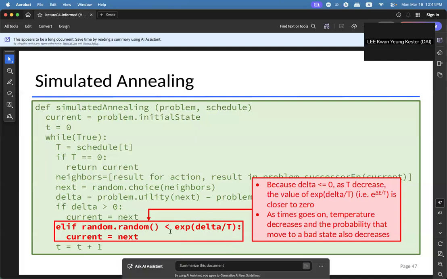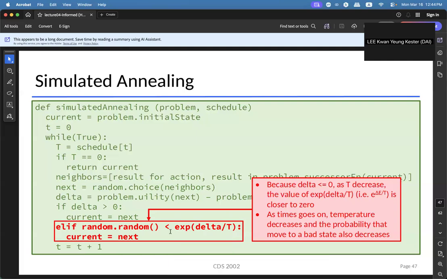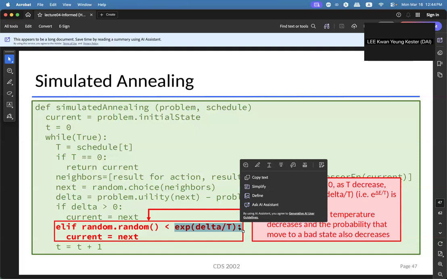If the randomized value is bigger than the threshold, then we take the bad move. If the threshold is smaller, we have a smaller likelihood of making a bad move.